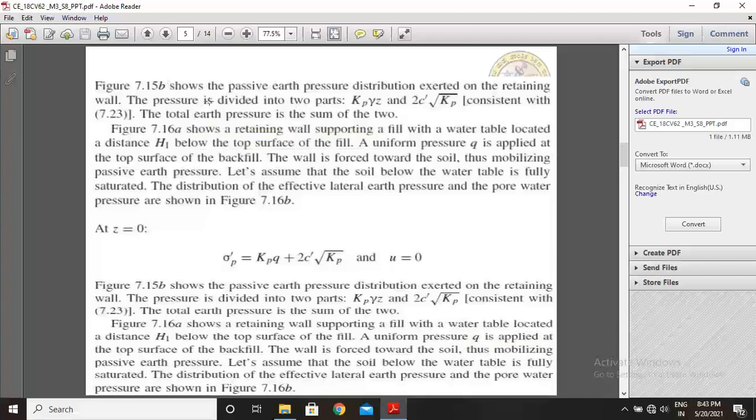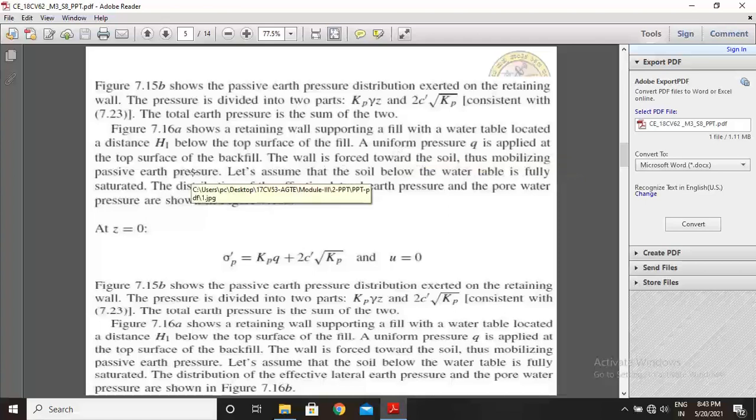Figure 7.15b shows the passive earth pressure distribution exerted on the retaining wall. The pressure is divided into two parts, that is Kp into gamma z and 2c times root Kp, consistent with equation 7.23. The total earth pressure is the sum of the two.